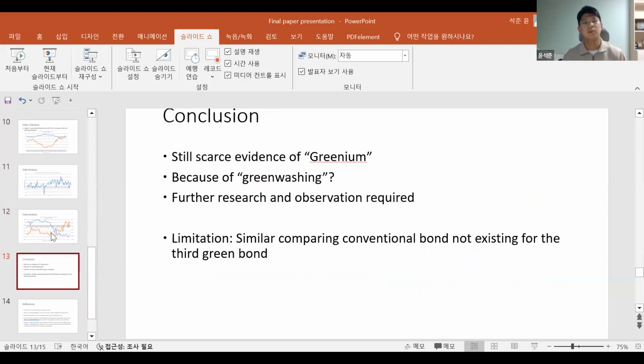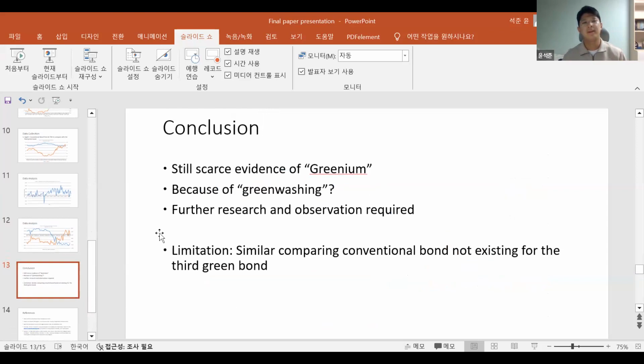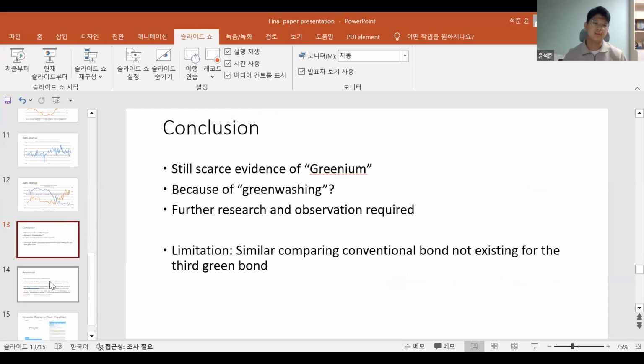So in conclusion, despite the efforts of Apple and the growth and emergence of the green bond market, in my research there was still scarce evidence of premium. And the reason, I am questioning if it was about greenwashing.